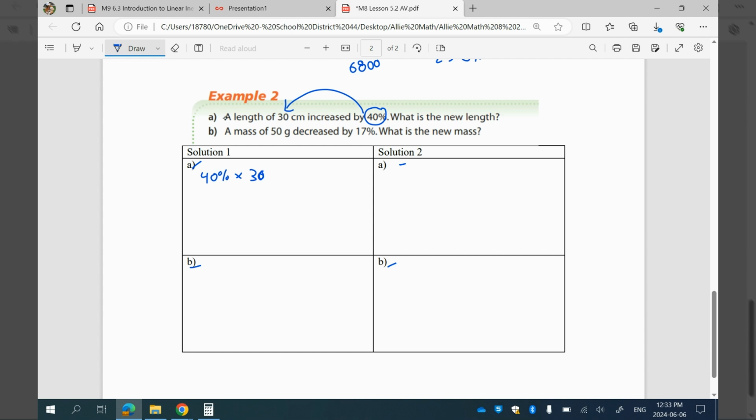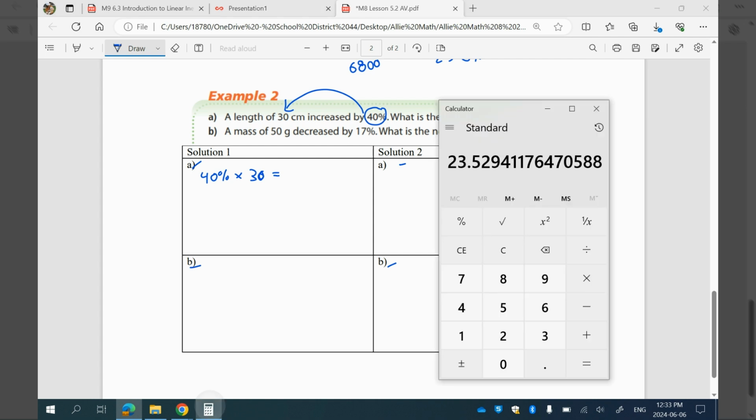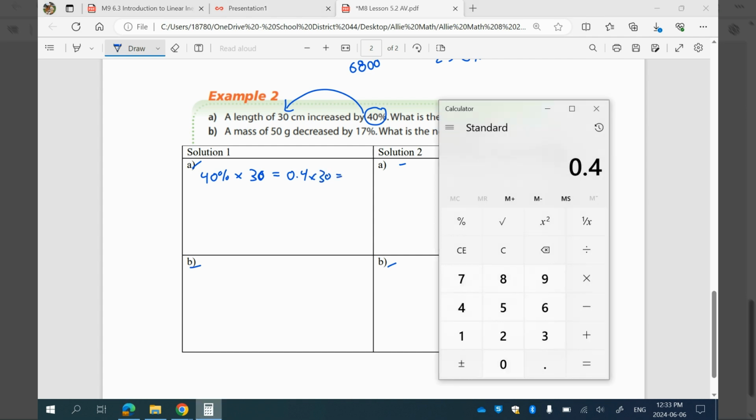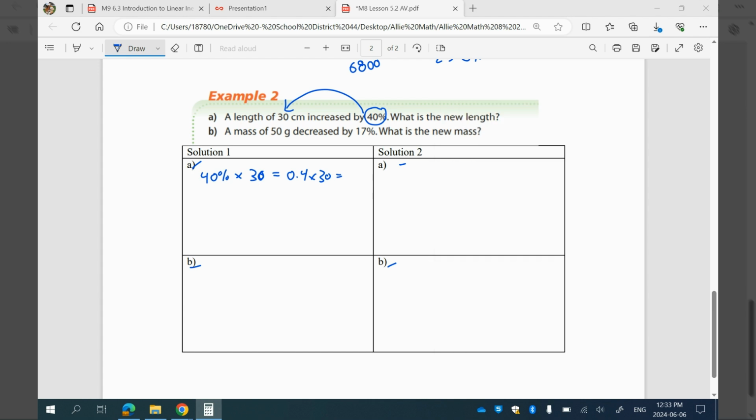And the best way to do that is by doing 40% as a decimal. So we're going to go 40 divided by 100 to get it as a decimal, so 0.4. So 0.4 times 30 equals 12.